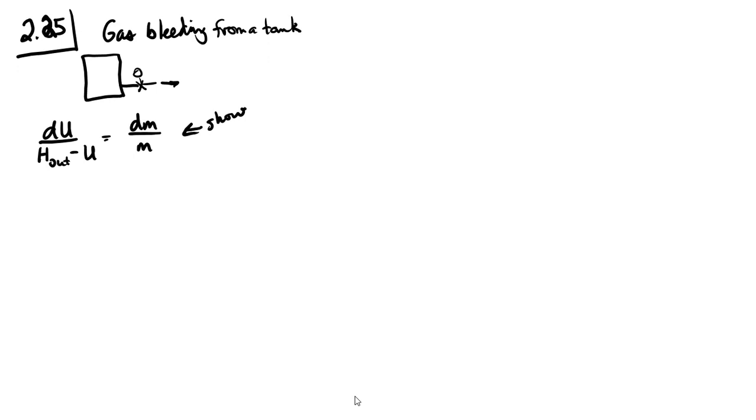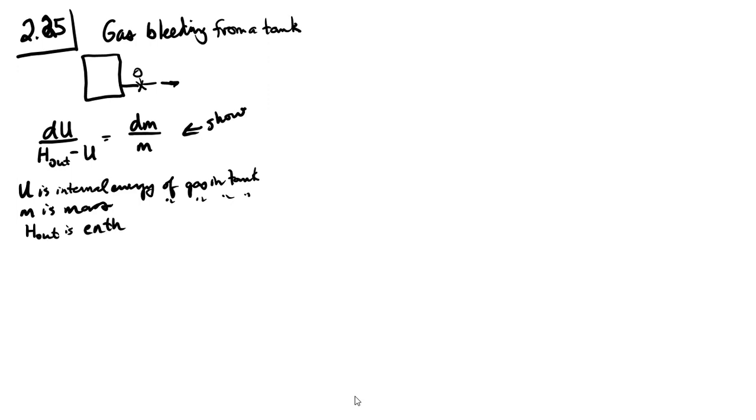All right, and what do these things mean? Well, U is the internal energy of gas in the tank, and M is the mass of gas in the tank. H out, I've already told you, is the enthalpy of gas leaving the tank.